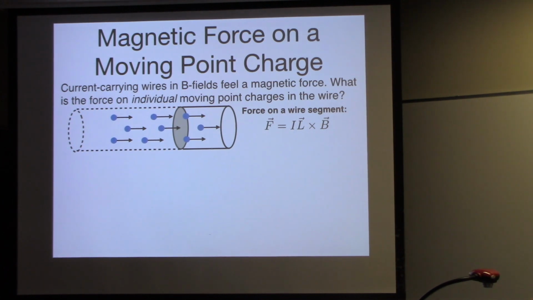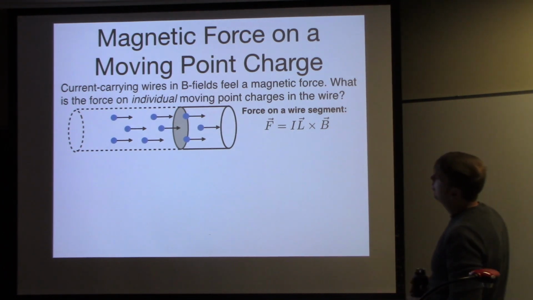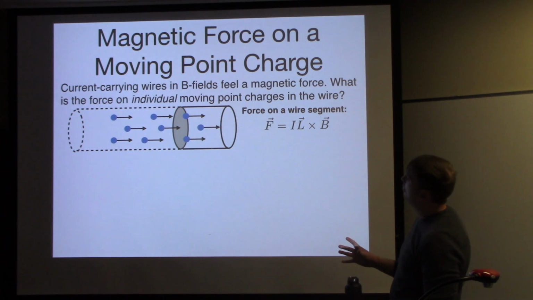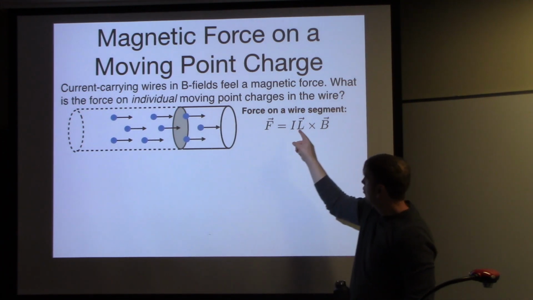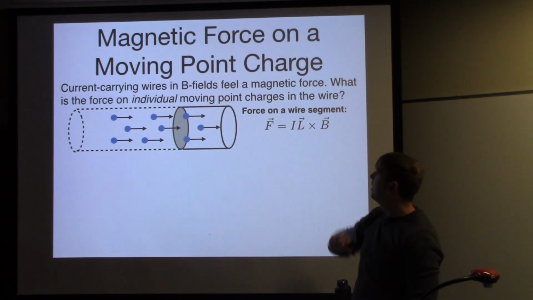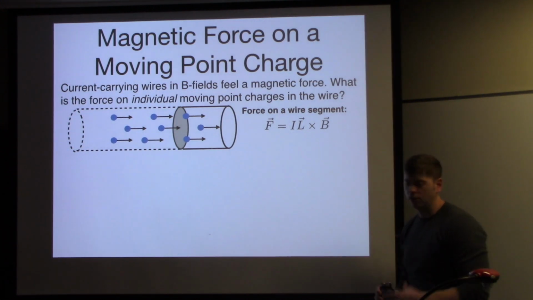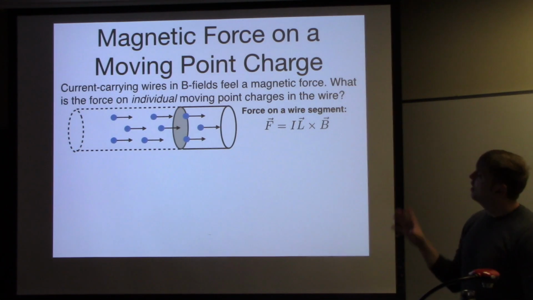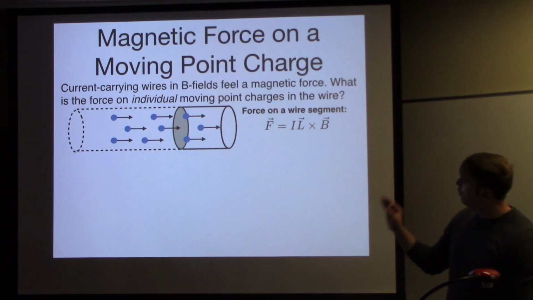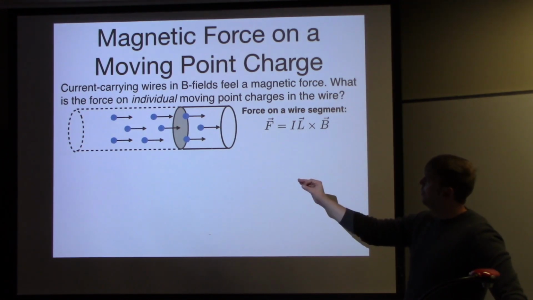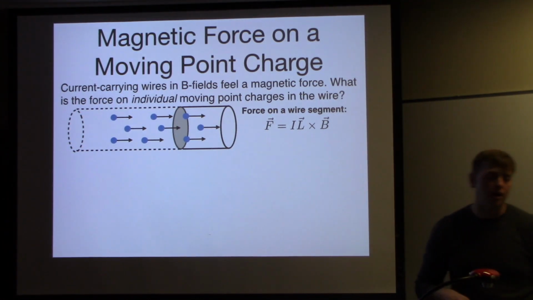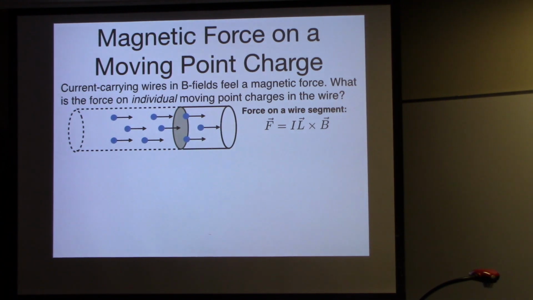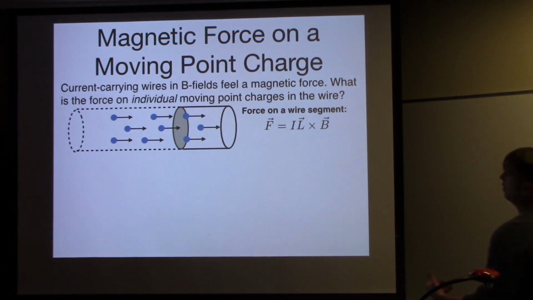Okay, so we're kind of doing this in reverse. We already know how to describe the force on a segment of wire that's in a magnetic field. Okay, this is an experimental result. We can actually use that to figure out what is the force on individual moving point charges in this wire. So remember this sort of microscopic view of current in a wire.